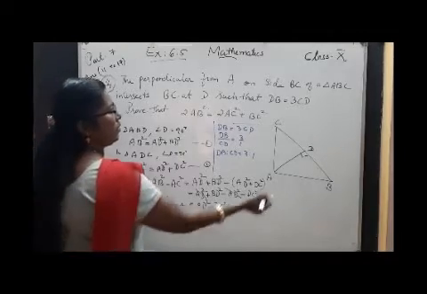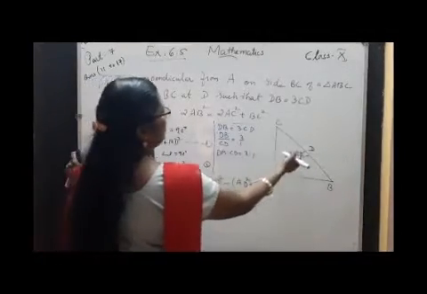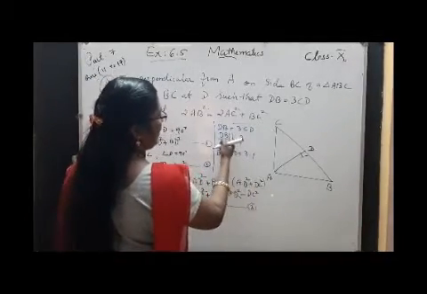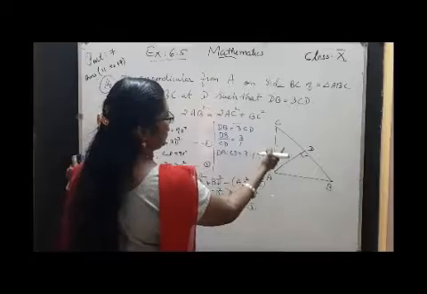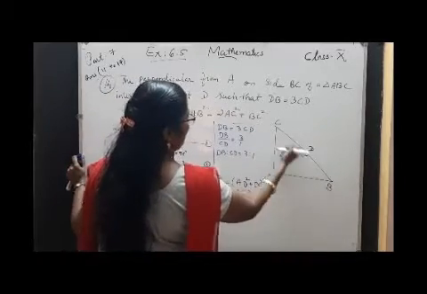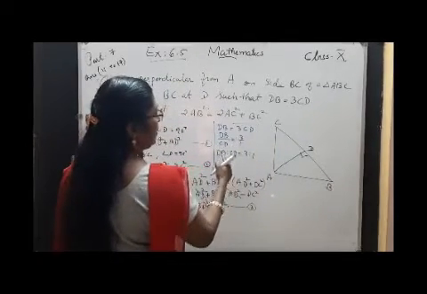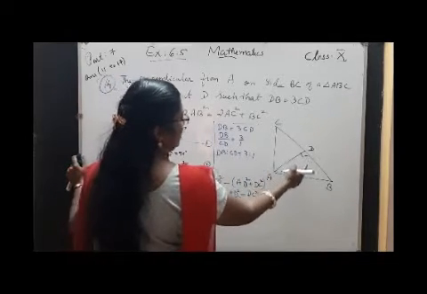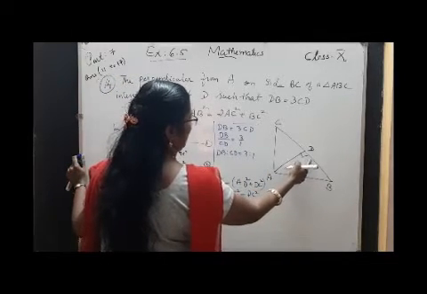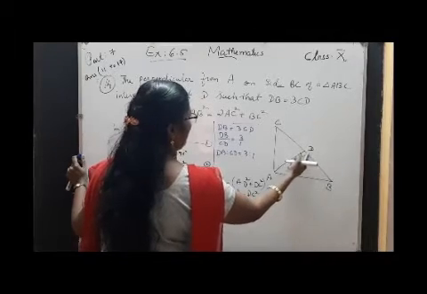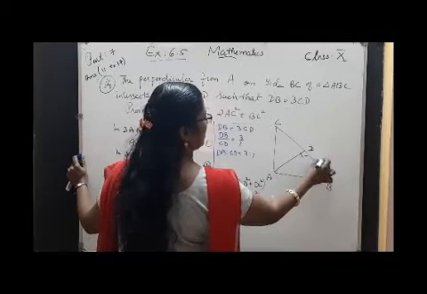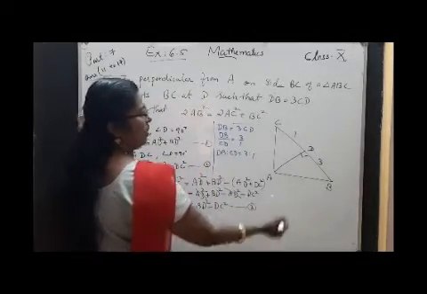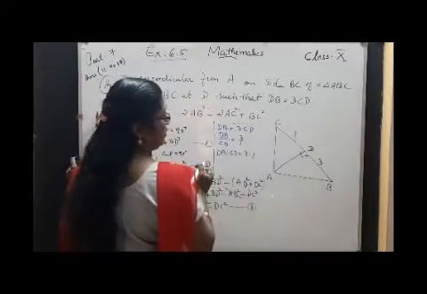Then this is perpendicular, and DB is to CD as 3 is to 1. Here DB is 3 parts, this is 1 part.